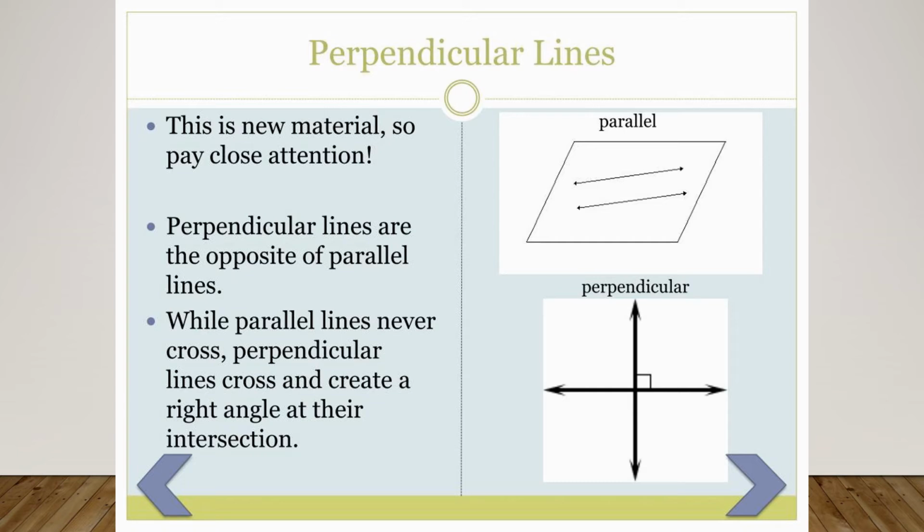While parallel lines never cross, perpendicular lines cross and create a right angle at their intersection. The right angle is formed when the perpendicular lines cross each other or intersect with each other.